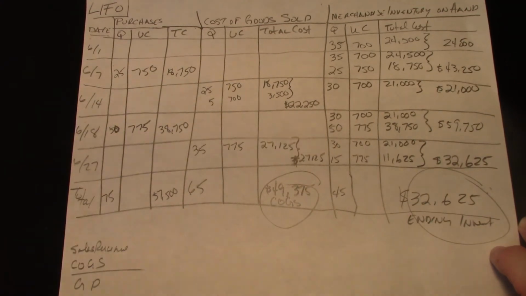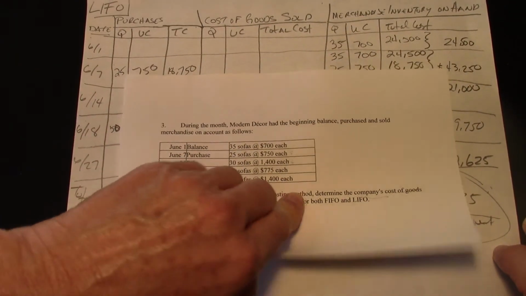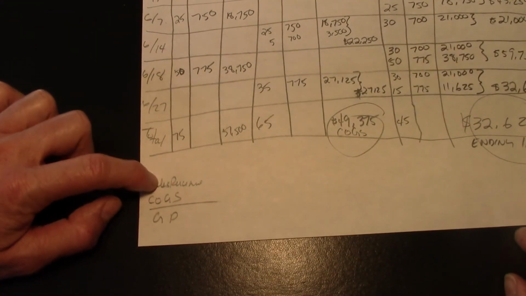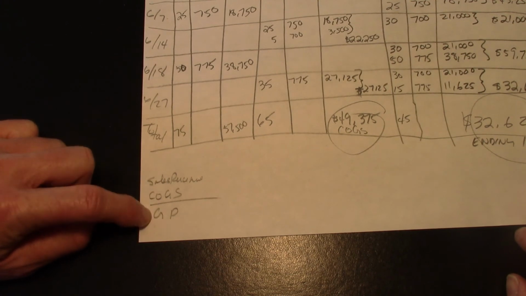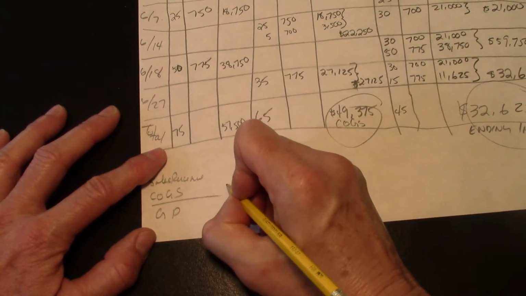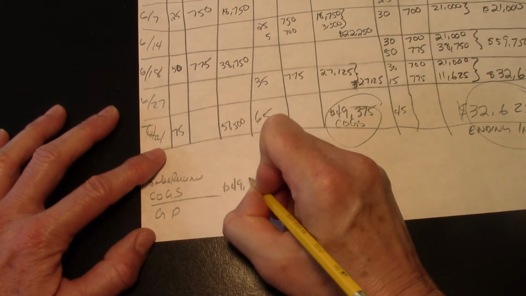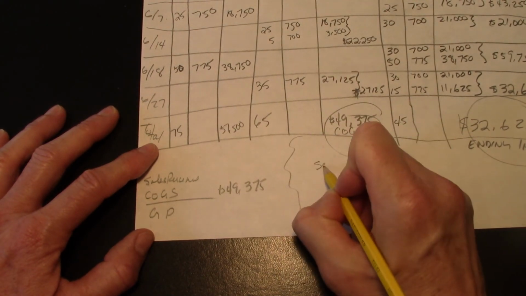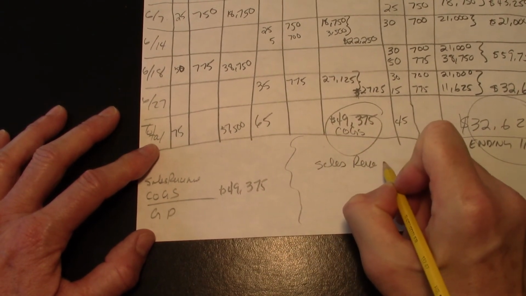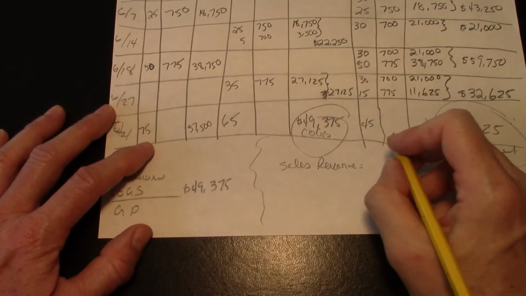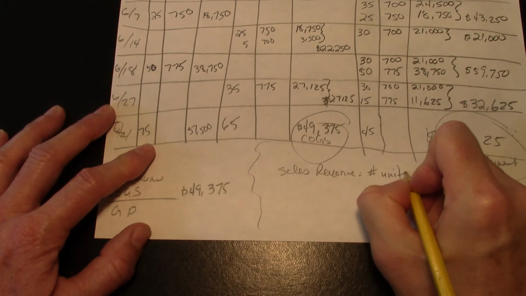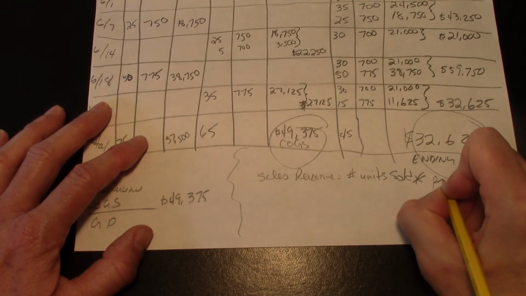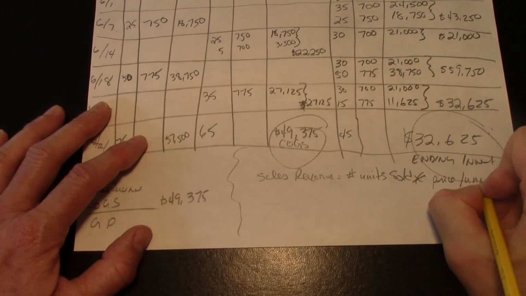The last answer that it's looking for is gross profit. Alright, so we know from our income statement that sales revenue minus cost of goods sold is equal to gross profit. So we know what cost of goods sold is, right? We know it's 49,375. And sales revenue is equal to the number of units sold times price per unit.